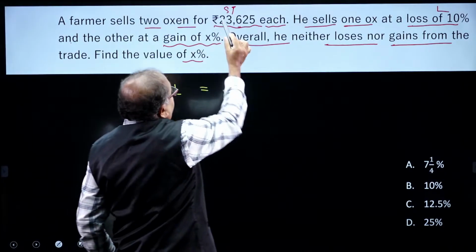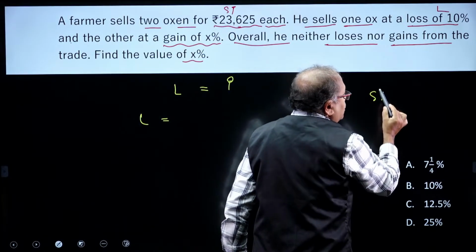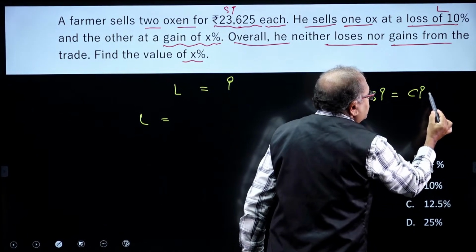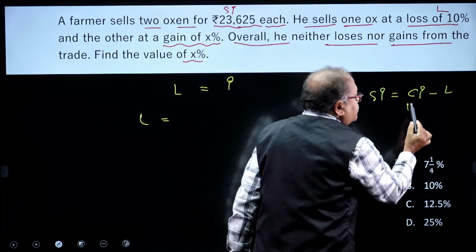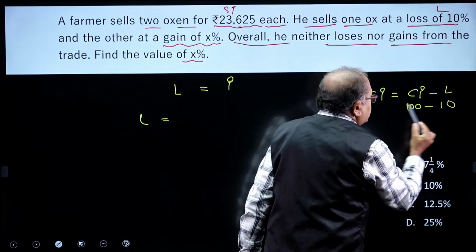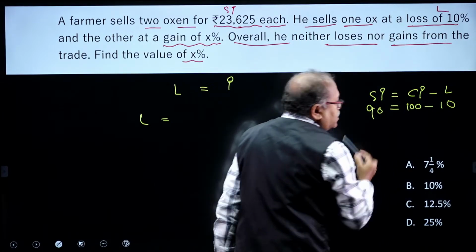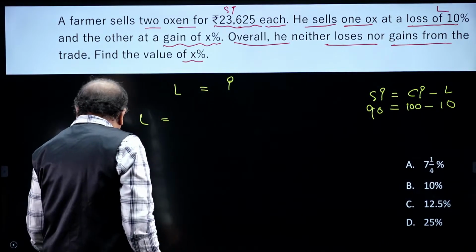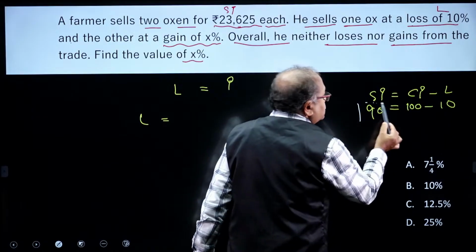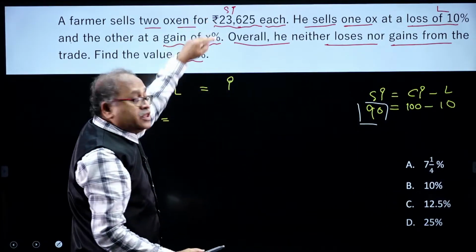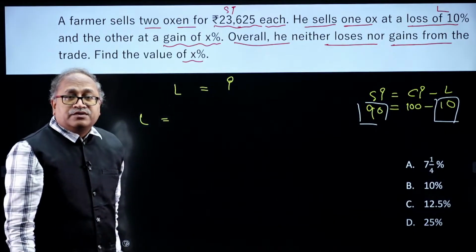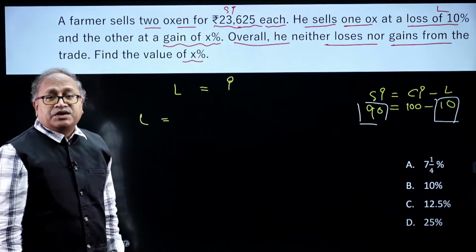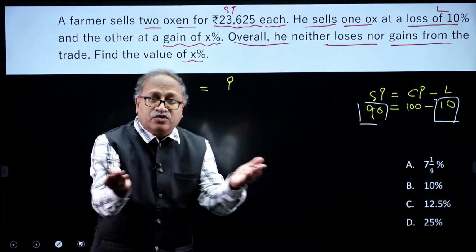This is the selling price. So, selling price is equal to cost price minus loss in case of loss. So, this is 100% and this is 10%. My selling price is 90%. I already know this 90% selling price. I need the loss, that is 10%, because loss is equal to profit here. Then only there is no profit, no loss.